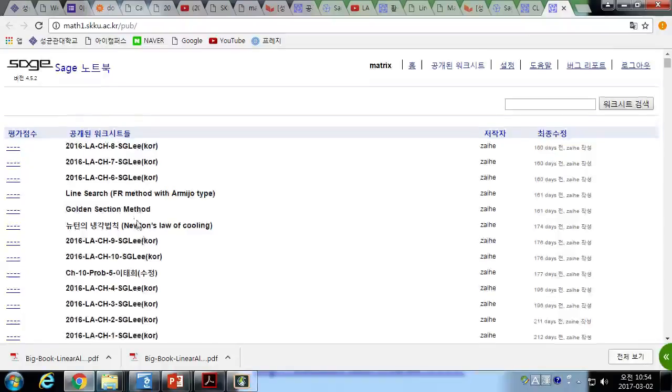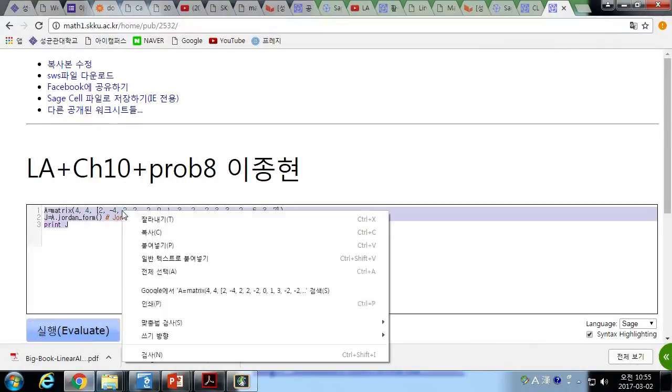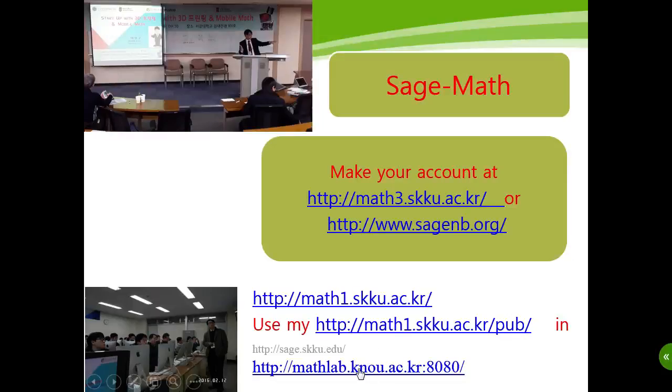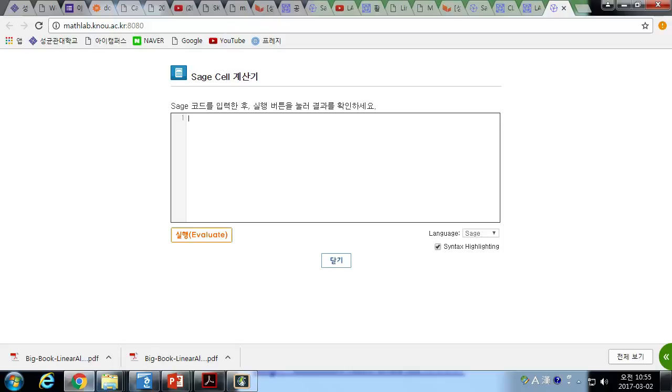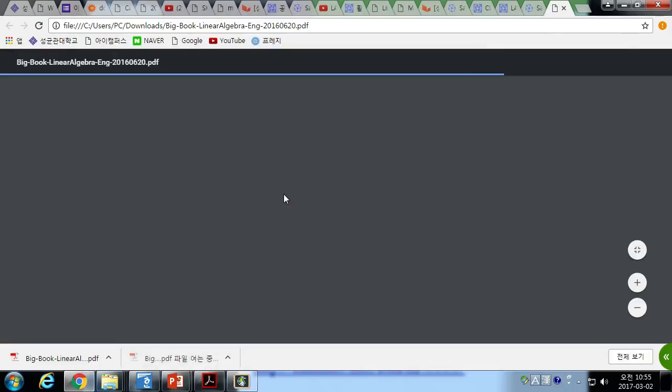For example, you can copy those codes from the textbook, then you can do the computation by just cut and paste from the textbook.